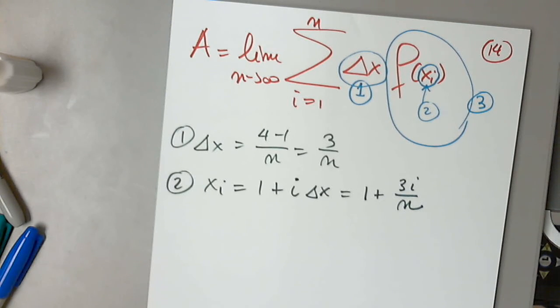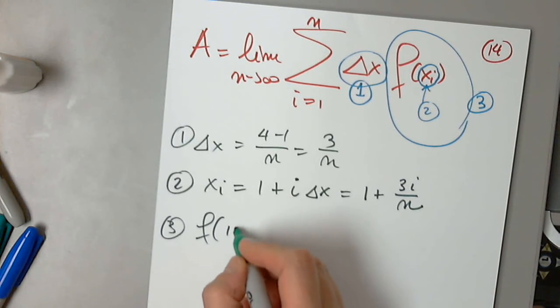If x1 is 1 plus delta x, x2 is 1 plus 2 delta x, then x3 will be 1 plus 3 delta x, dot, dot, dot. xi is 1 plus i delta x. Is that clear? Okay, now we have to plug this in the function.